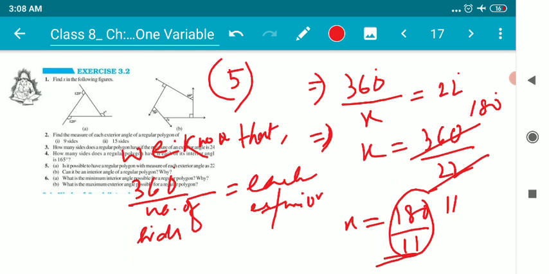We cannot have 5.5, we cannot have 10.5, because these figures always come in complete numbers. Number of people always comes in whole numbers. It cannot be in fraction. Similarly, a polygon cannot have a broken number of sides or a fractional number. Not possible. It should always be a whole number.